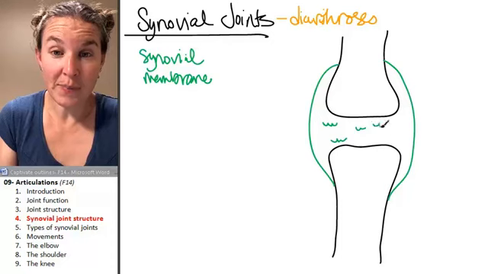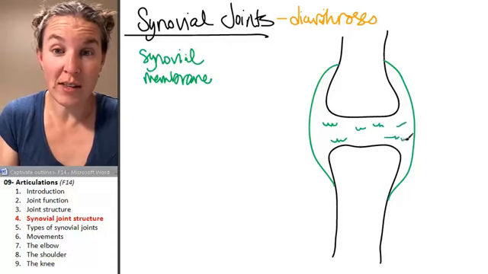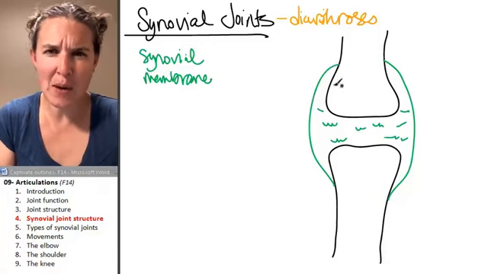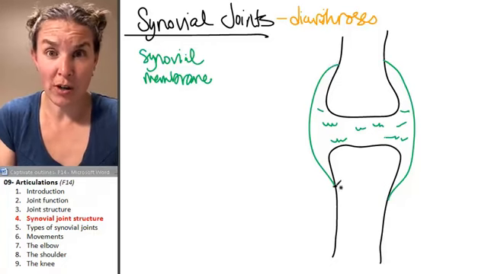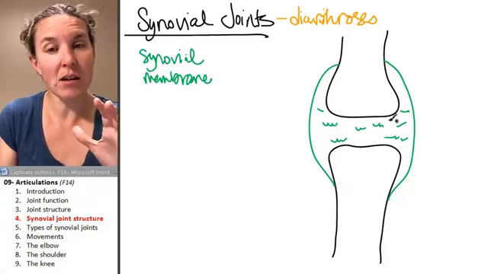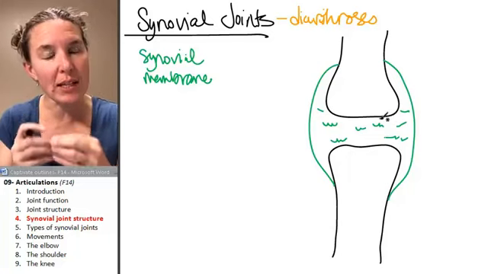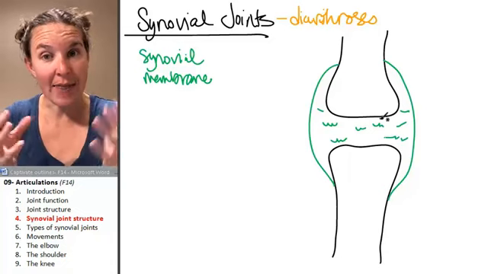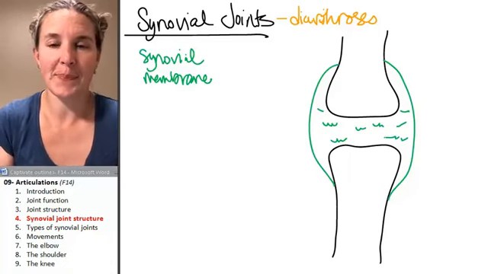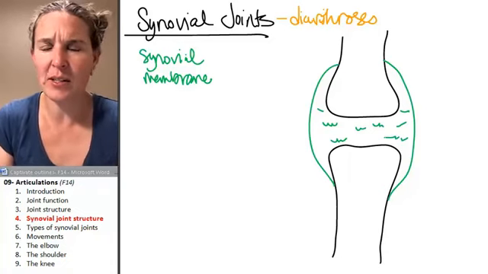Synovial fluid, which fills this space. So this is actually a membrane structure surrounding these two bones, and it's producing fluid, and that fluid provides some cushioning. That works for you, doesn't it?